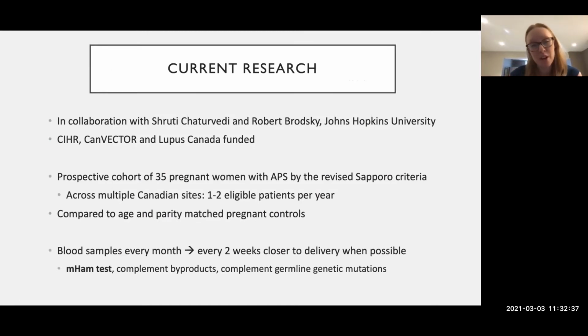So the research that we are doing and just starting, in collaboration with Johns Hopkins, funded by CIHR, as well as CanVector and Lupus Canada, is a small cohort of pregnant women, although it's rare, with antiphospholipid syndrome as defined by the revised Sapporo criteria, where we expect 1 to 2 eligible patients per site per year, ideally comparing them to an age and parity matched control group, getting serial samples across pregnancy, similar to the PROMISE study, but diving a little deeper into information, including the modified HAM test, the complement byproducts, as well as the germline genetic mutations.